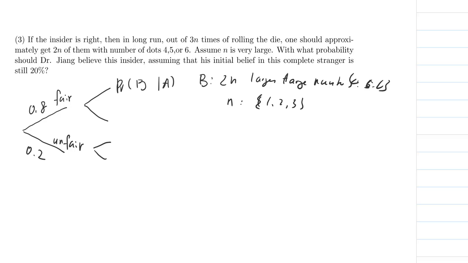We know if it's fair, then it's 1/2 favors 4, 5, 6, or 1, 2, 3. But here there is a catch. We cannot just use 1/2 to the power 2n and multiply it by 1/2 to the n.